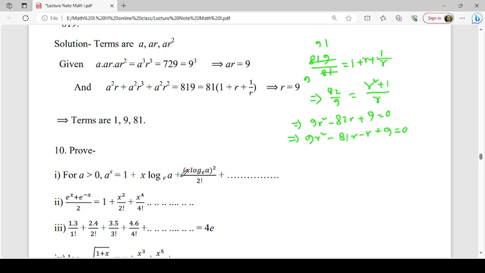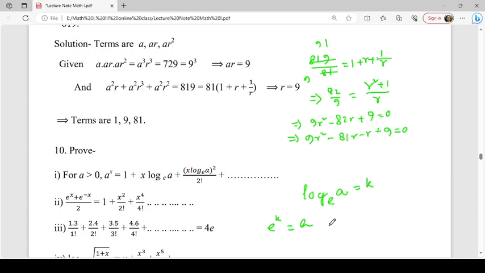This is for the logarithmic series value, A to the power x. Since A is greater than 0, we can have the value log of A to the base e, so this is equal to k. Then e to the power k is equal to A. So we know the expansion of e to the power x.